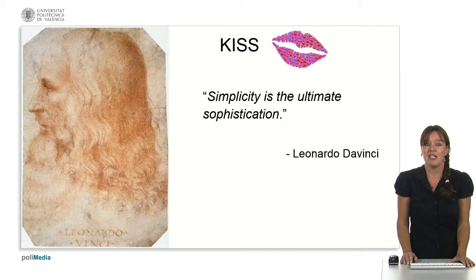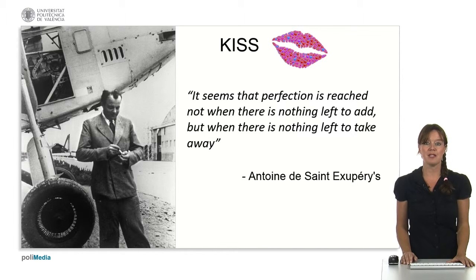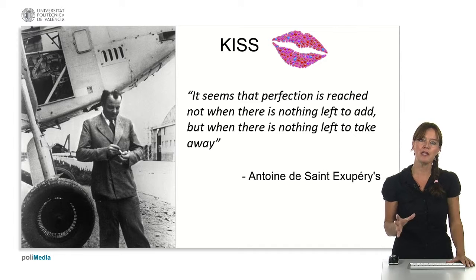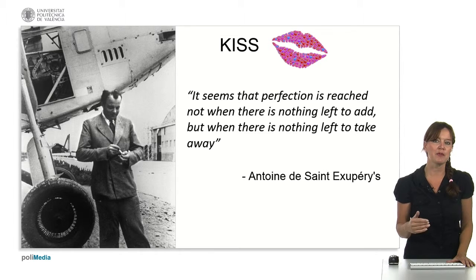And also Leonardo da Vinci said, simplicity is the ultimate sophistication. And also Antoine de Saint-Exupéry said that it seems that perfection is reached not when there's nothing left to add, but when there's nothing left to take away, when it's as simple as it can be.